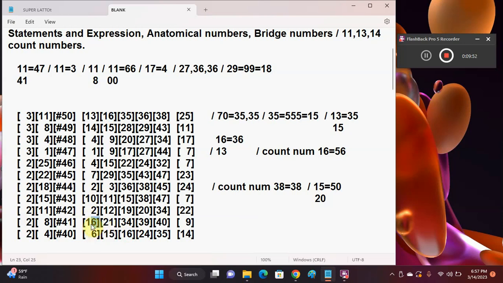So we already know that the count number between this 16 and this 16 is 56. So we already know that this number is going to be 16.